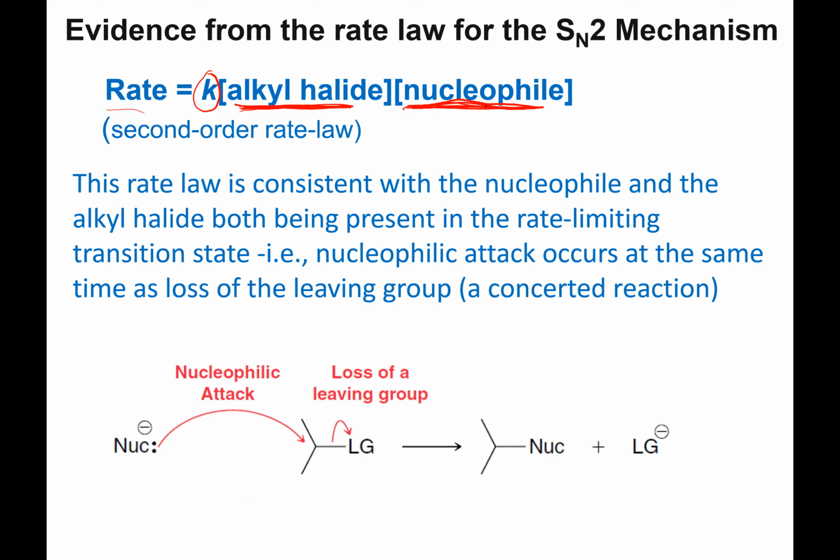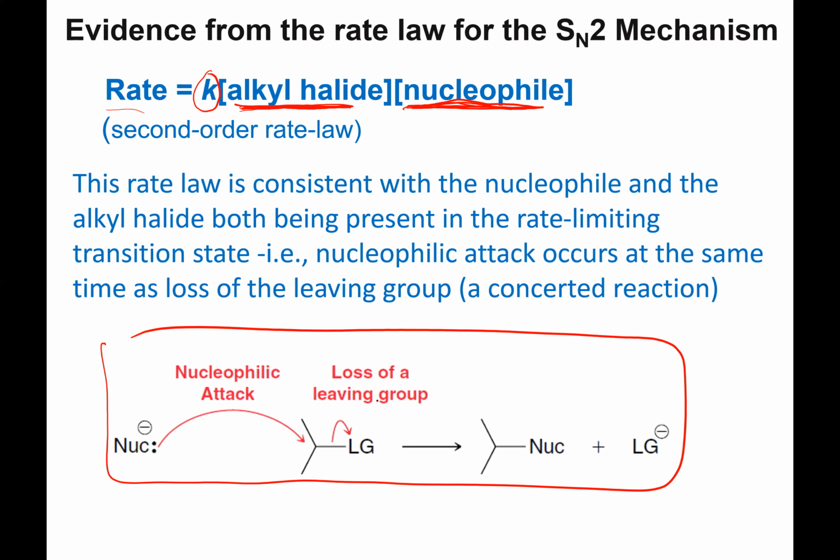So in this one-step reaction, the nucleophile's attacking, the leaving group is leaving, and they're both occurring at the same time. So what is the transition state? Here's the energy barrier, one step. What is this transition state going to look like? Let me show you on the next slide.